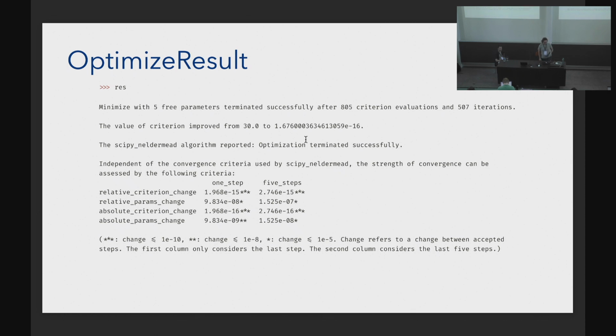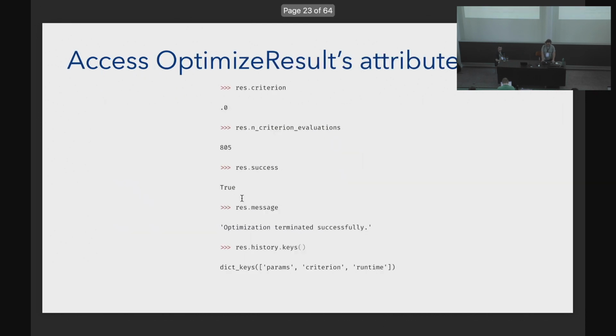One tentative attempt at fixing this is that we give you some more information on how much the function value and how much the parameters have changed in the last few iterations. And if you see many stars here, you can be quite sure that even if you made your convergence criteria a bit stricter, it would probably not change the results.